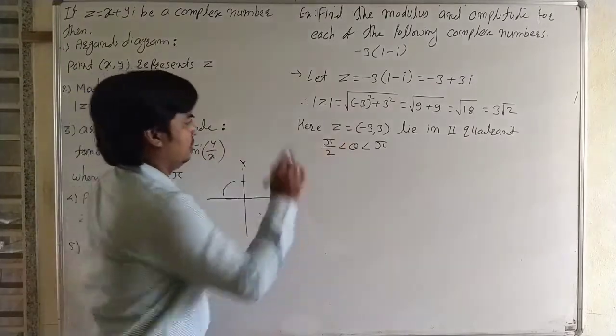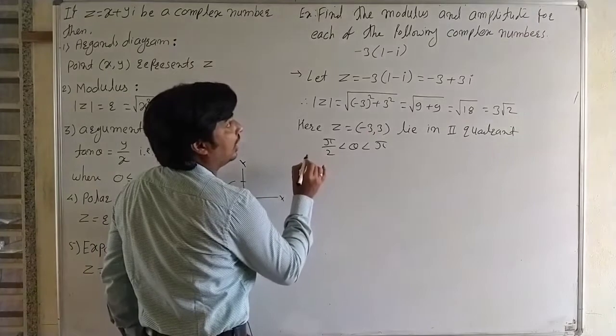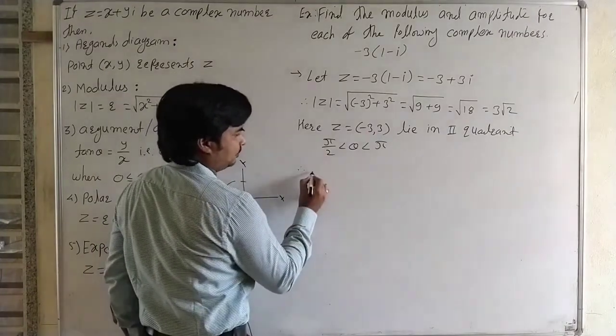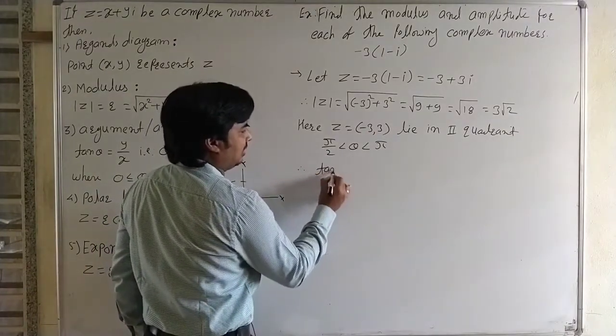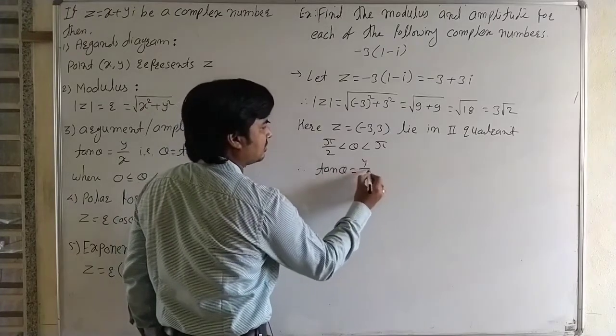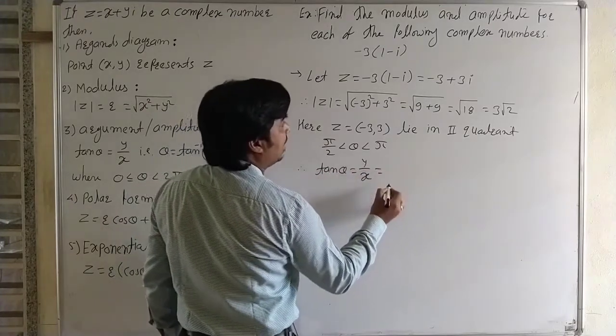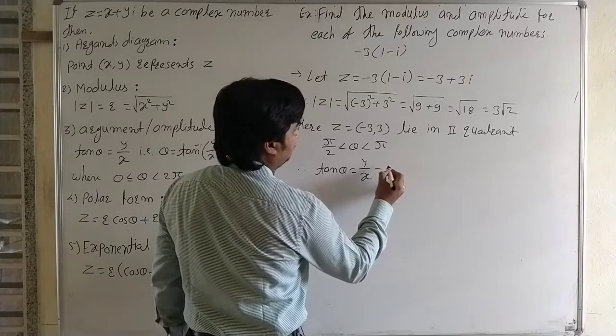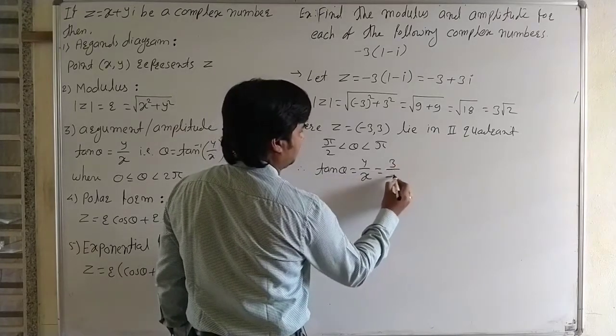Now we find the amplitude, that is the argument. Here tan θ = y/x, and y is 3 upon -3.